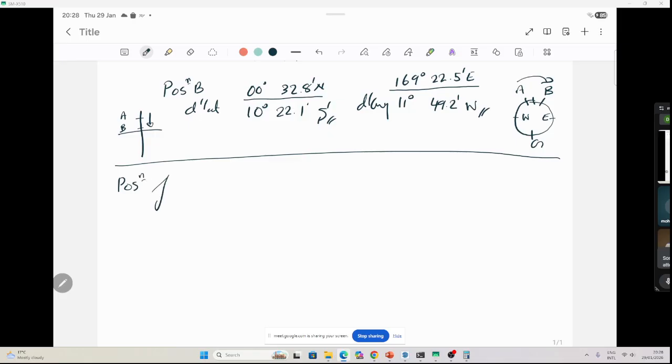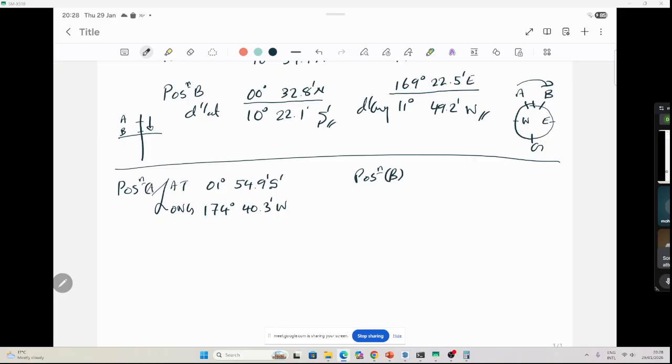Position A, 1 degrees, 54.9 minutes south, longitude 174 degrees, 40.3 minutes west.